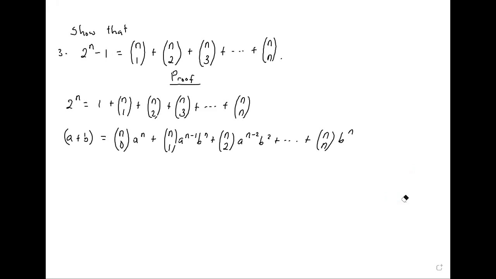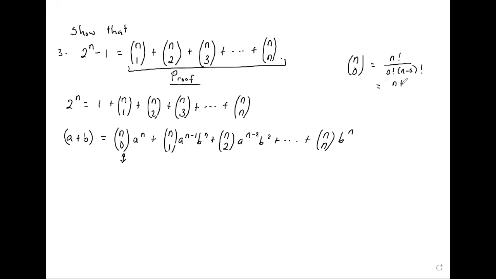Okay, so far, this is our question. If you look at this part here, one term is missing, n choose 0. n choose 0 is not there because it started from n choose 1. The question is, what is n choose 0? n choose 0 is just n factorial over 0 factorial times n minus 0 factorial.